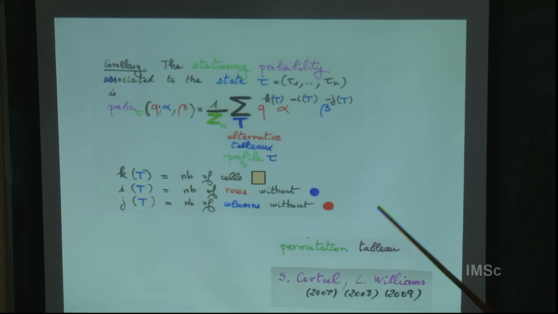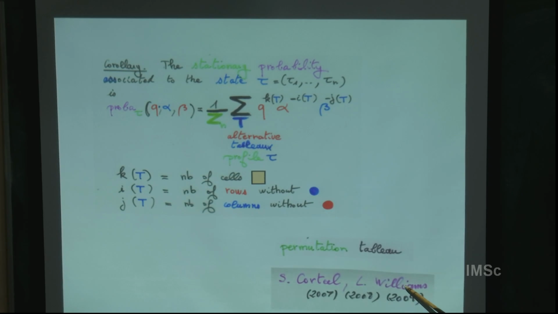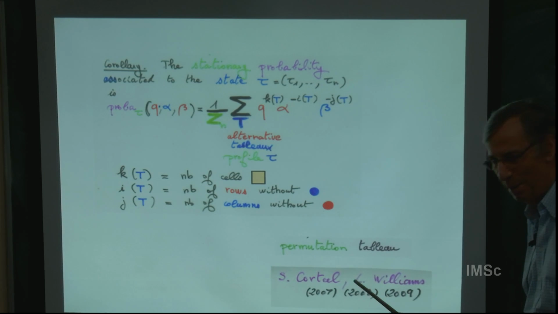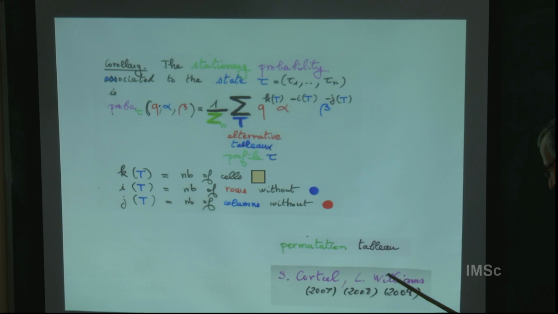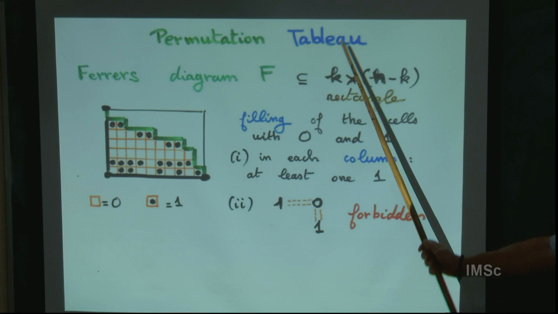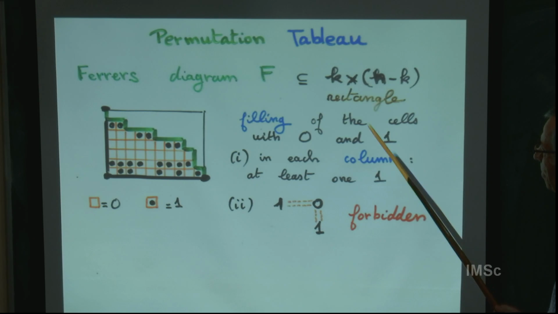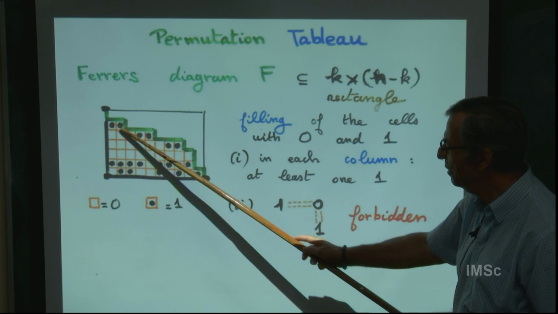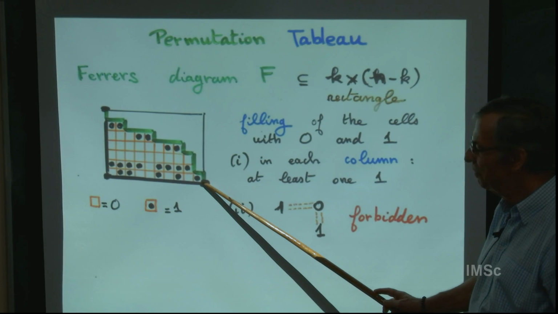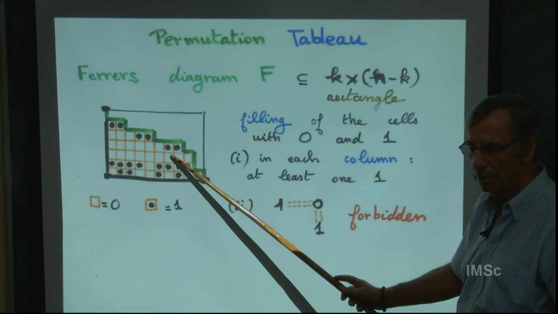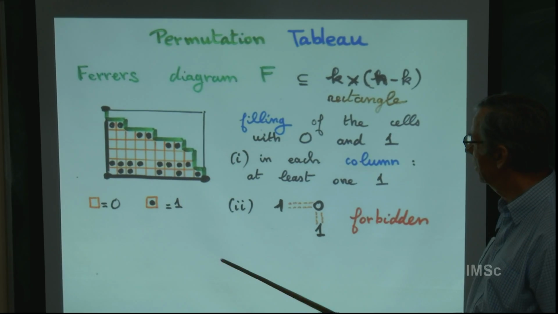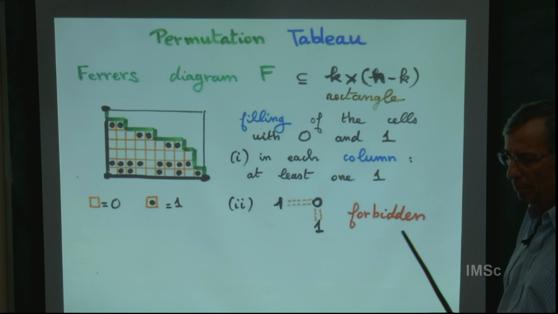In fact, at the beginning, it was done by Corteel and Lauren Williams, not the same Lauren Williams as the application in the Apple Store. In different papers, they give this in terms of permutation tableau. So this is another tableau. Permutation tableau, you are filling, again, a Ferrer diagram, but now there is only one color of point, the black color, and with these two conditions.